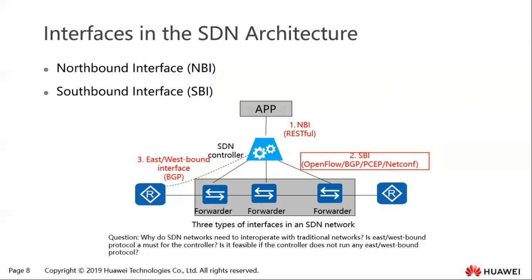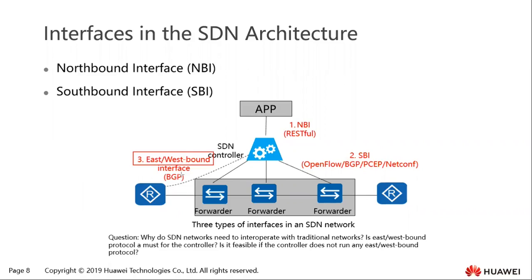To communicate with the forwarders, we can either use the OpenFlow standard, or we can use protocols such as BGP, PCEP, or NetConf. All these are protocols that can be configured to enable the network equipment to communicate with the controller.